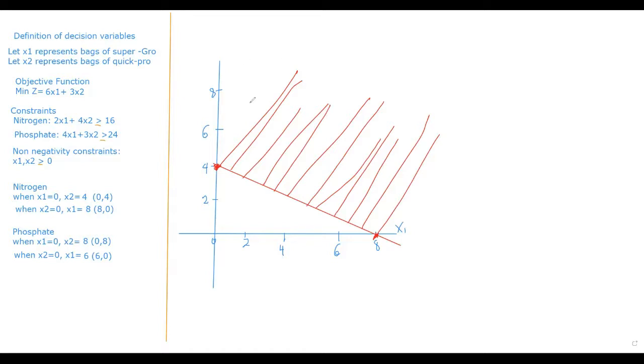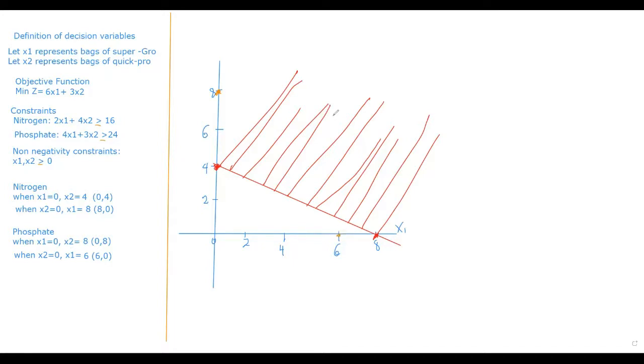Okay, so let's move on to the phosphate. For phosphate, when x1 is 0, x2 is 8, so it will be this one. When x2 is 0, x1 is 6, so here.